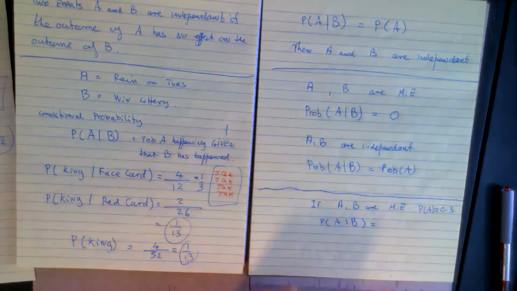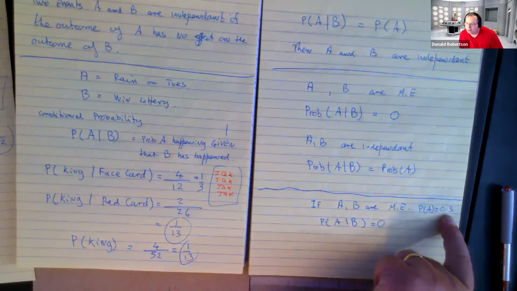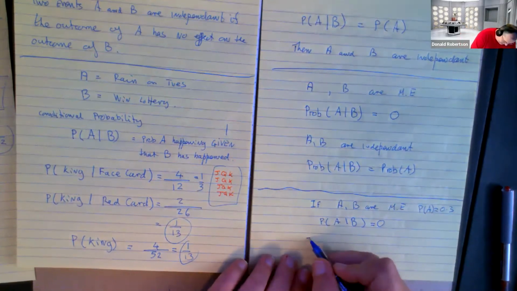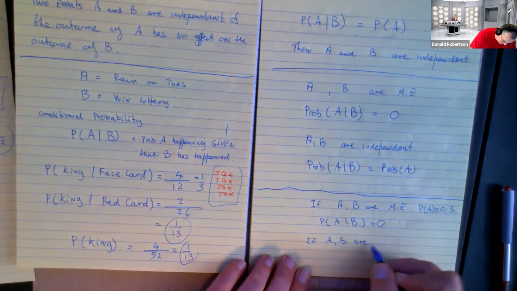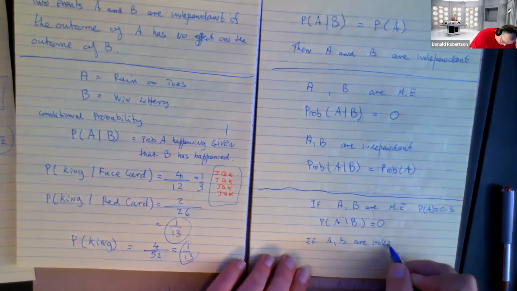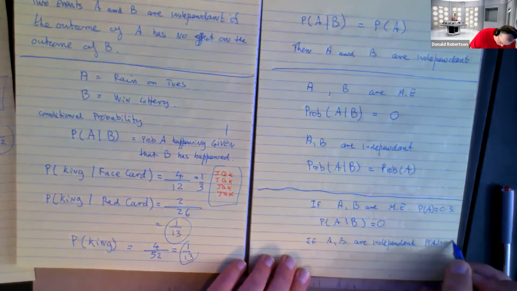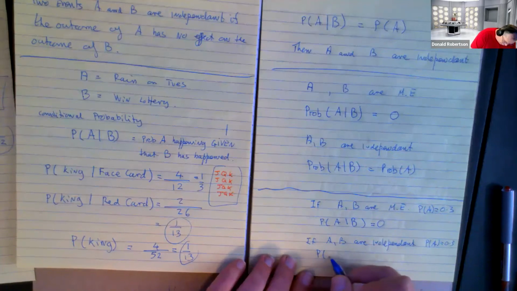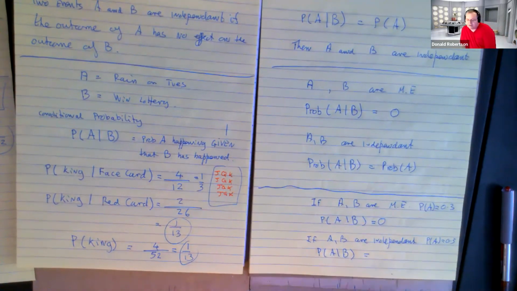Zero. It's always 0. Does that matter that it's 0.3? No, it's still 0. If it's 0.7, still 0. Now, if I tell you that A and B are independent, and I tell you that the probability of A is 0.3, you should be able to figure out what that probability is.